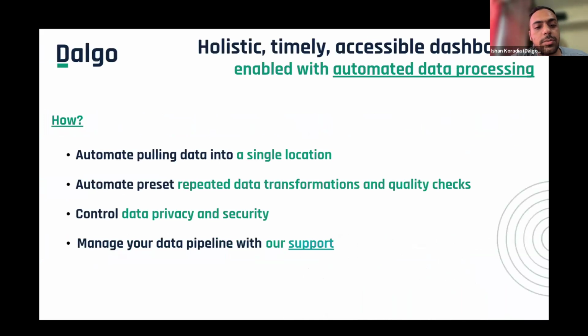And then it has automated data transformation and quality checks. We also have controlled data privacy and security, in the sense that whatever data is handled by Dalgo is not actually with Dalgo, it stays with you in your warehouse. And whatever transformations are done are also done in your warehouse. That helps with the data privacy and security part.